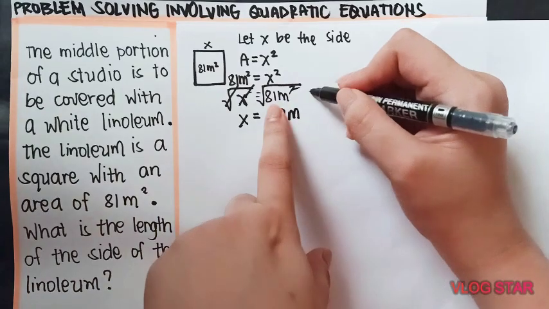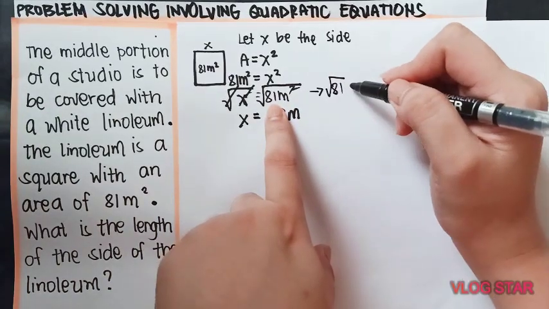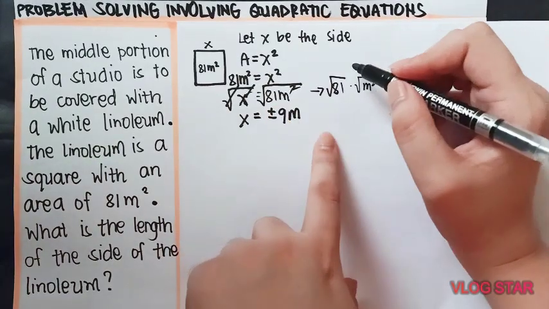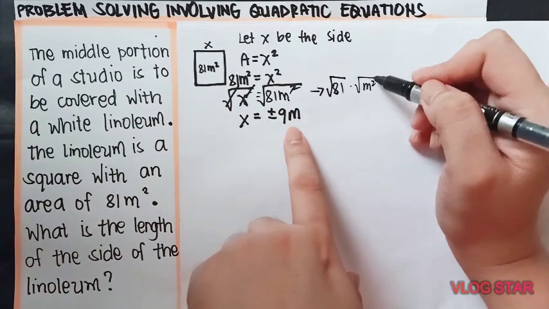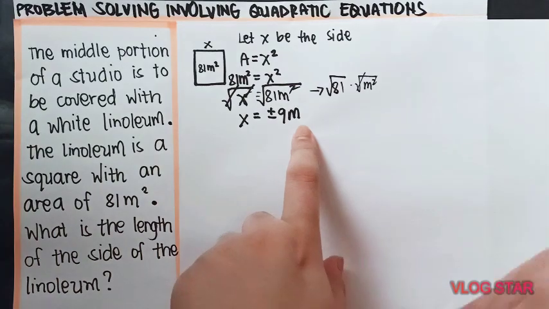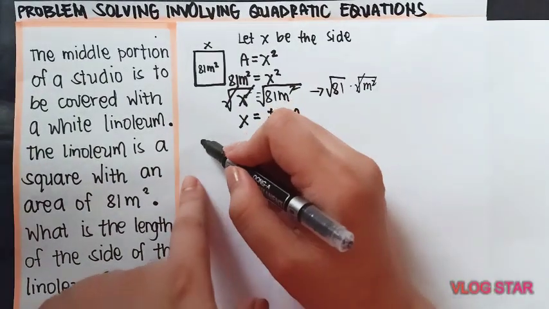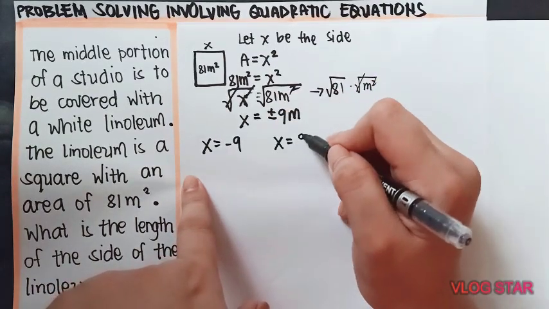Because we can write this as the square root of 81 times the square root of meter squared. So the square root of 81 is positive negative 9, and the square root of meter squared cancels out, so that's m. M will be taken out of the radical sign. So therefore, the values of x are negative 9 and positive 9.